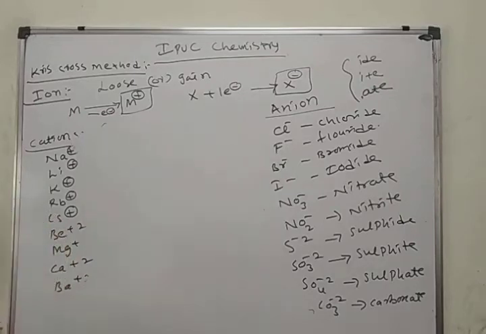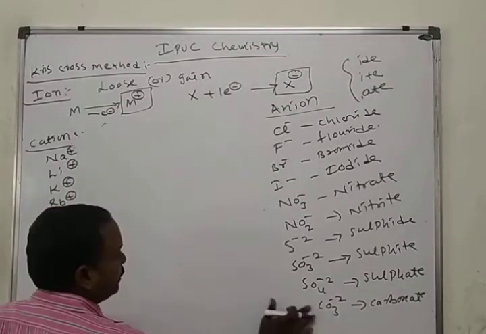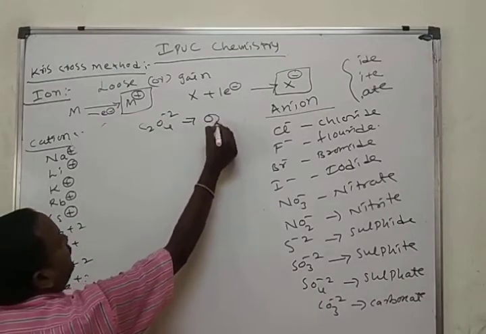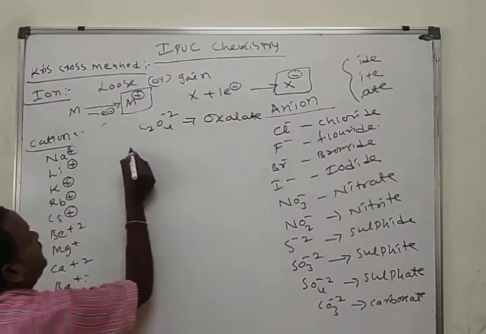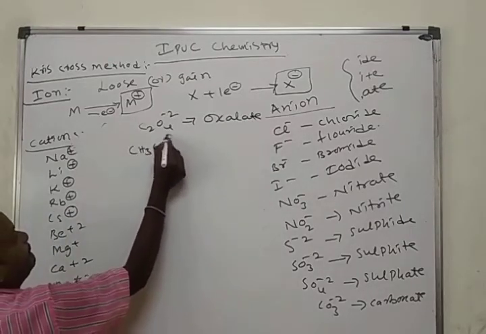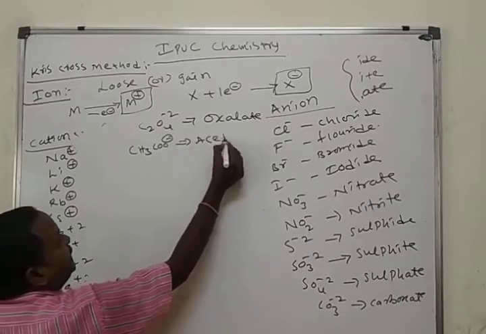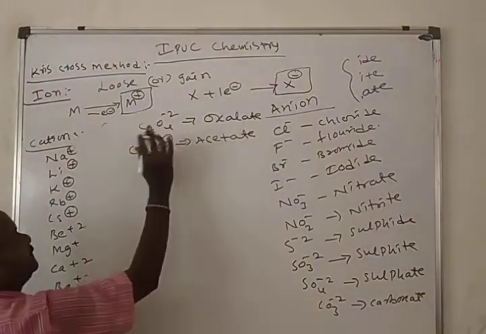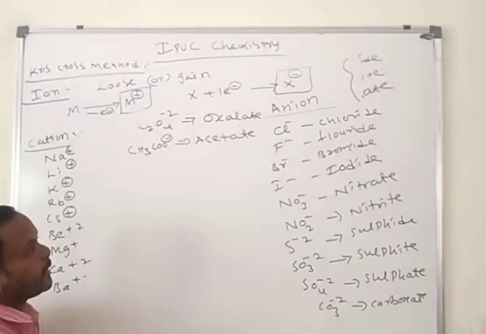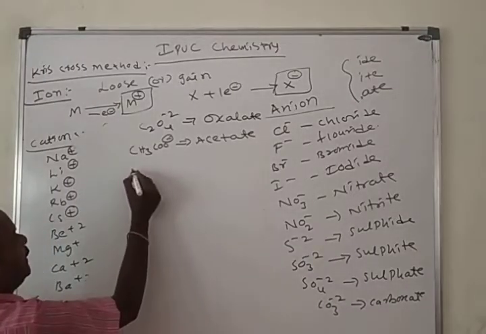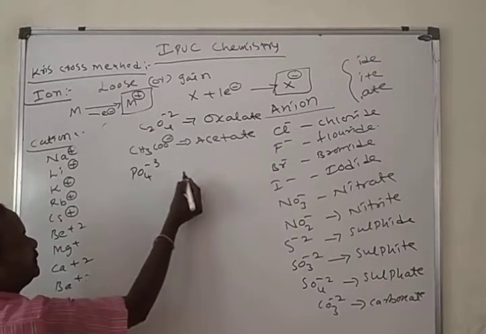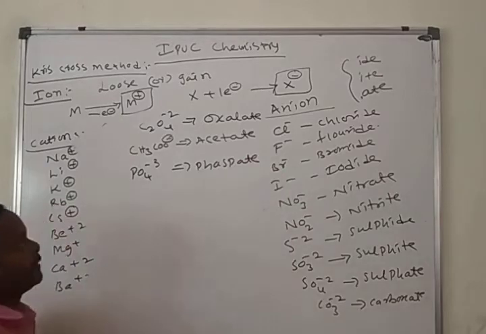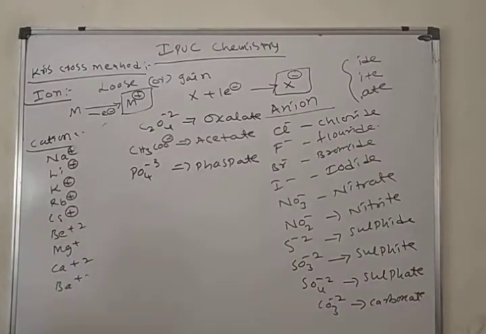Some more examples for the anions. C2O4 minus 2, we call this oxalate. CH3COO minus, we call this acetate. And PO4 minus 3, we call this phosphate.